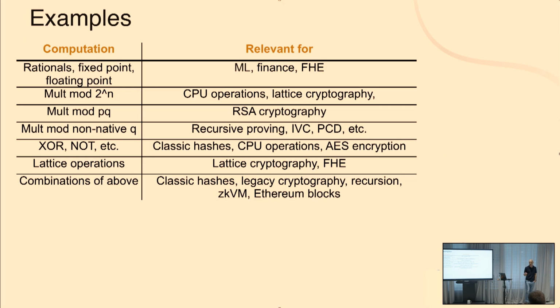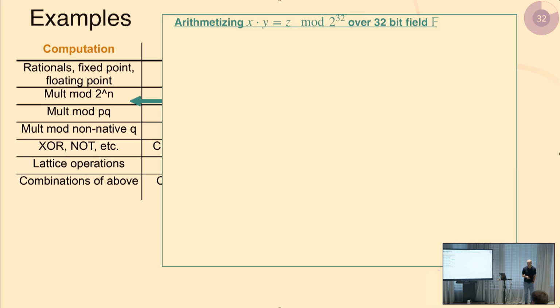If you want to build a ZKVM, you'll be proving multiplication mod 2 to the n. You will have bitwise operations, and you will likely also have classic hashes somewhere.